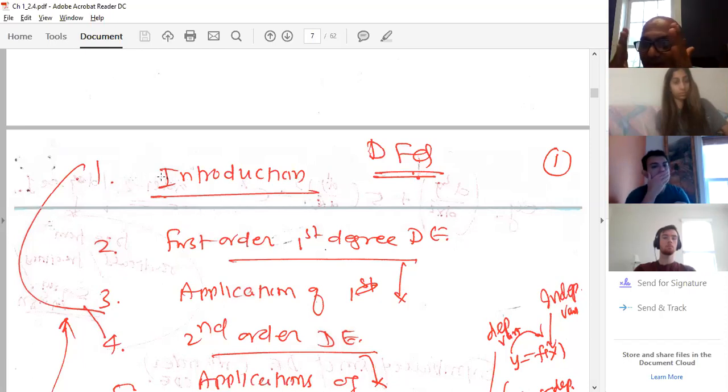Phase 2 is over: higher order, simultaneous linear equations, and system of equations. So chapters 4, 5, and 8, that's why I would like to consider 8 immediately after chapter 5, not 7. Chapter 7 is completely independent of your book, of your course.